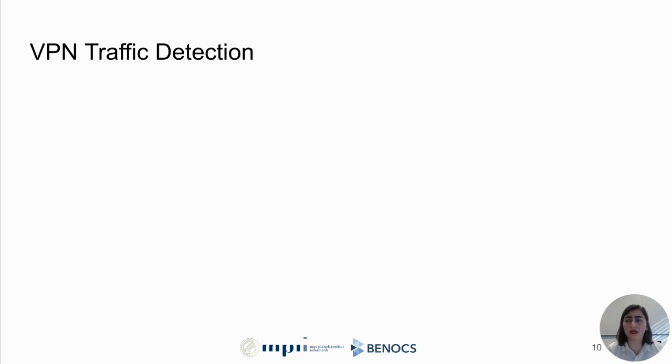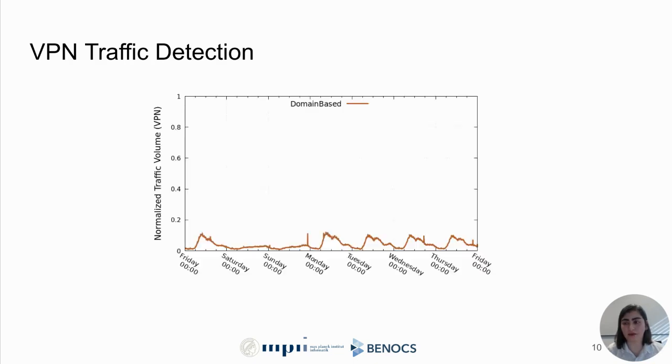Now let's take a look at actual traffic pattern and traffic volume of VPN when each of the 3 approaches is used. If you take a look at this figure here, you see on the y-axis the normalized VPN traffic volume, and on the x-axis you see time. We did this experiment over a week. The first line here shows the traffic captured by the domain-based approach.